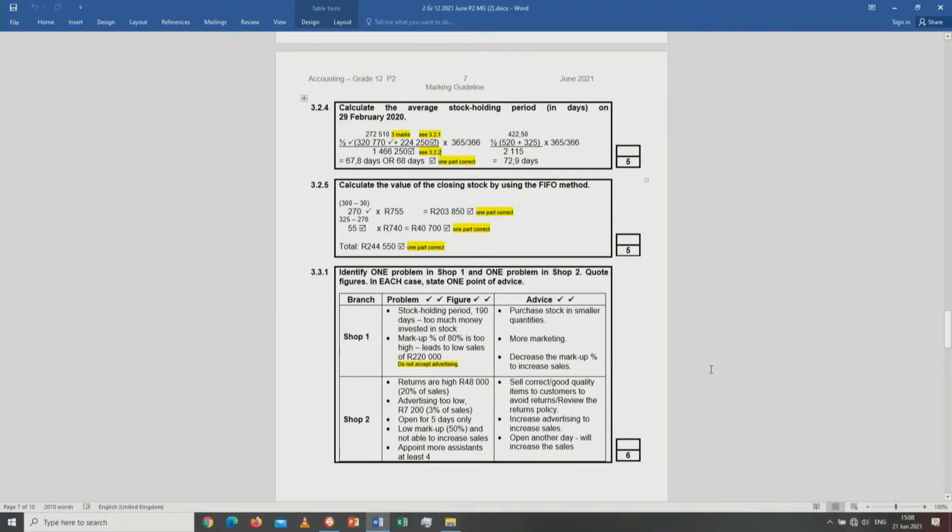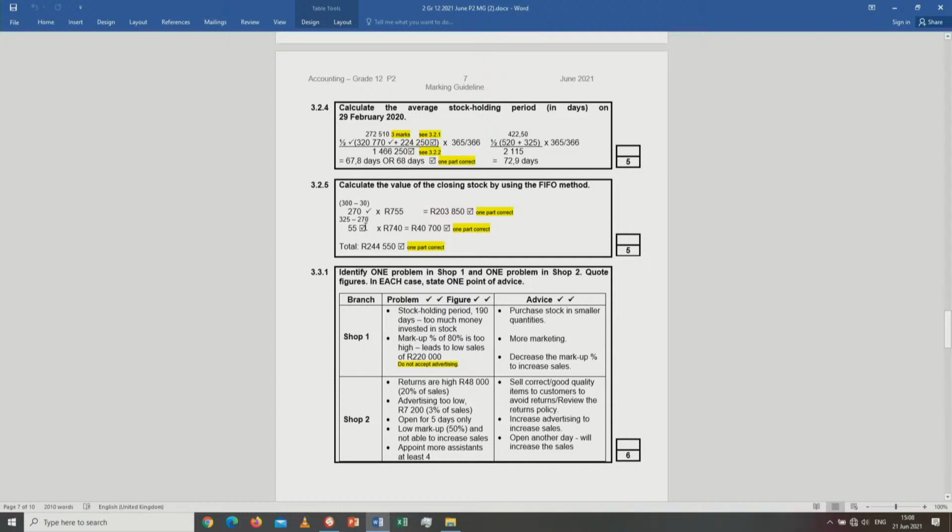All right. And there you have, for that 270, we have 1 mark there. For the 755, there's no mark there, and then a part mark for the 203,850. So this 270 must then be correct. 55 will then have a method mark because most likely the learners will forget this 30 and put 325 down here.